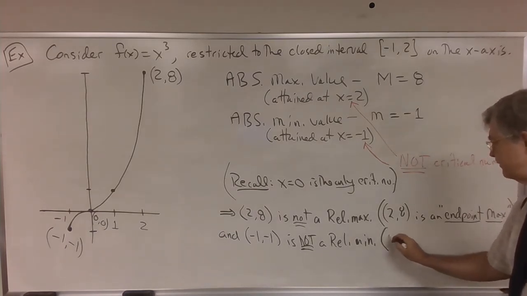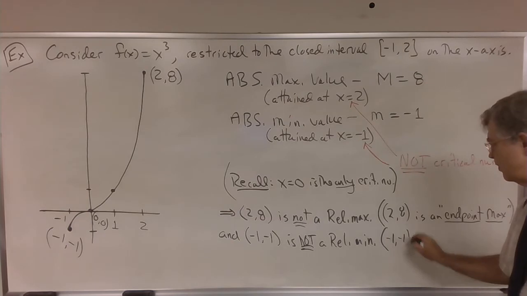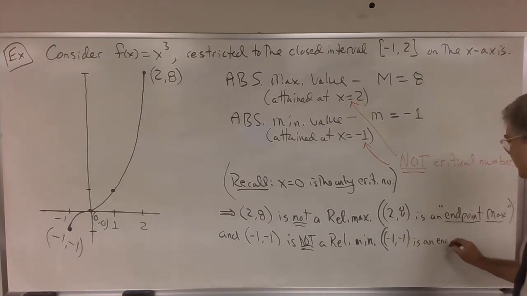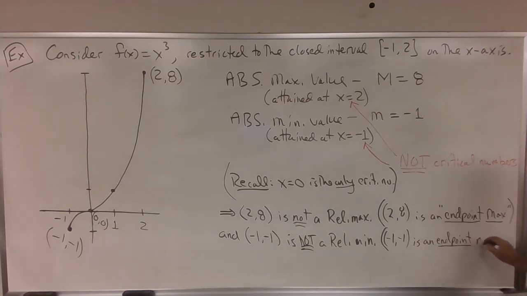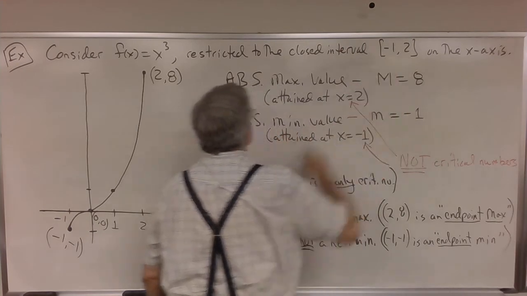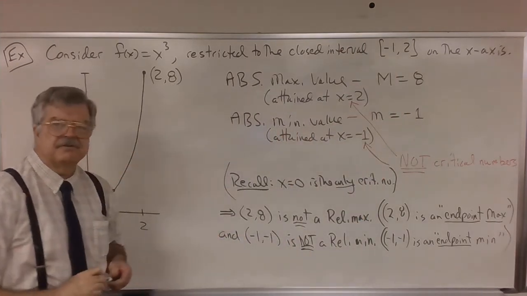And this point, -1, is an endpoint minimum. Because they occur at the endpoints of the interval to which our function is restricted.